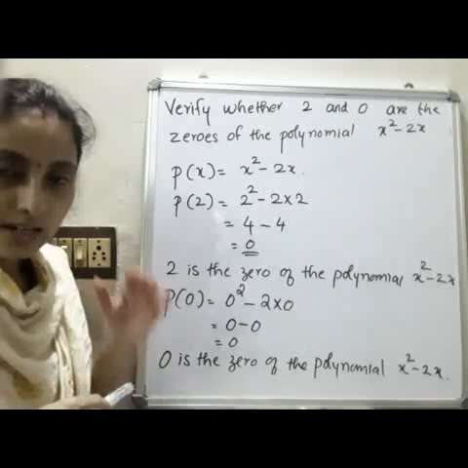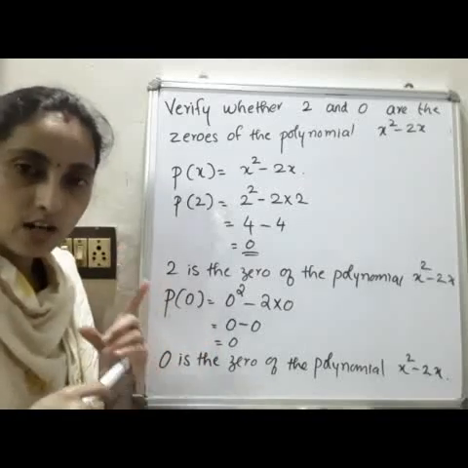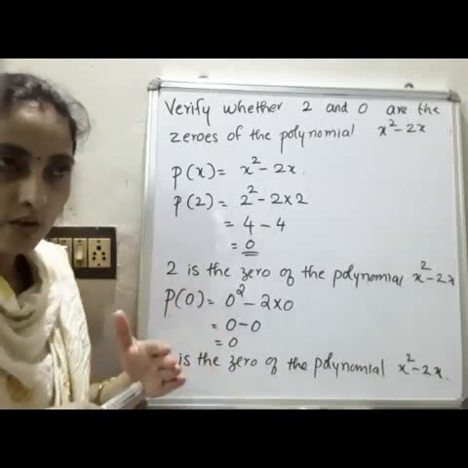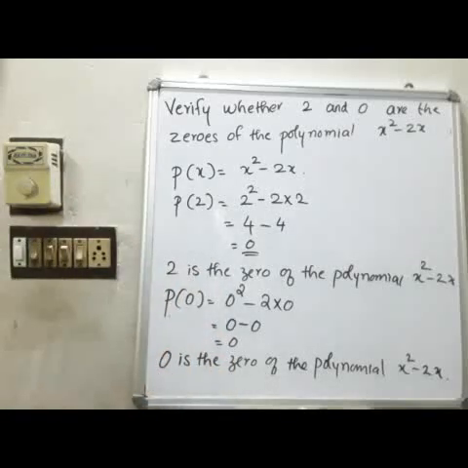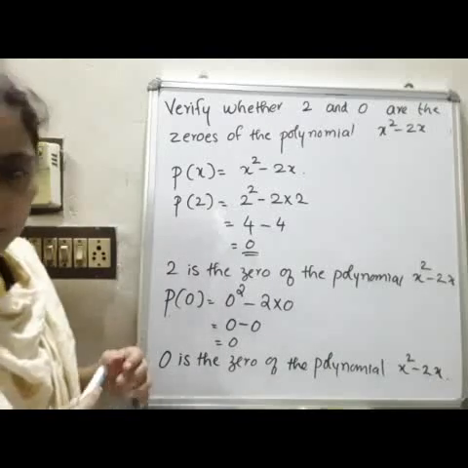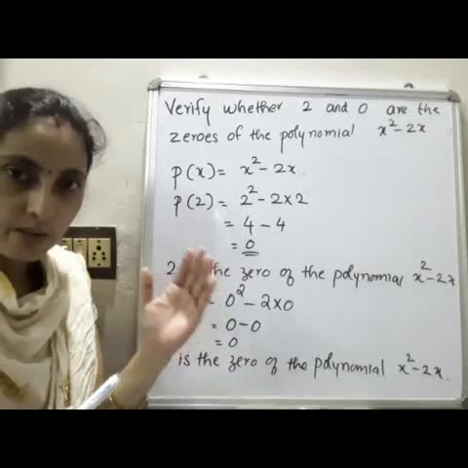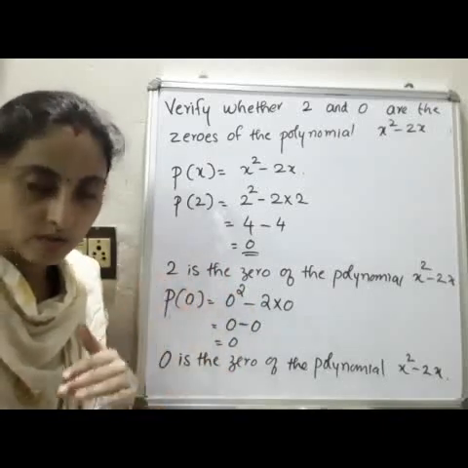So in that question, we found that there is only one 0. Yes, 1 is the 0 of the polynomial.